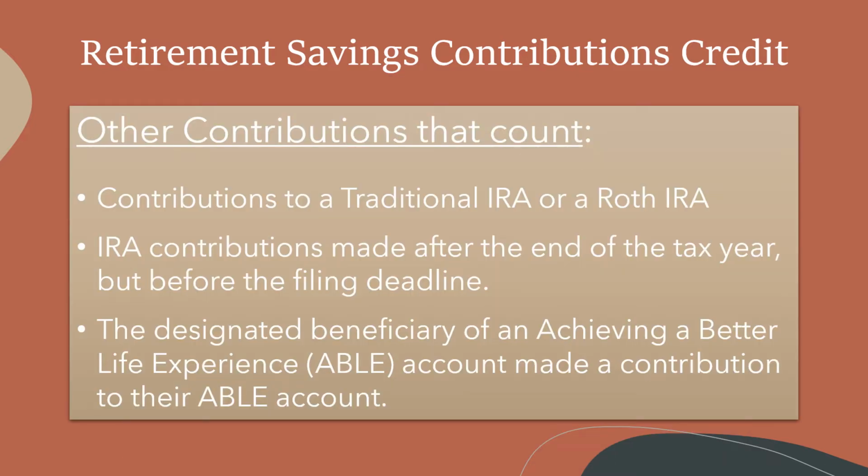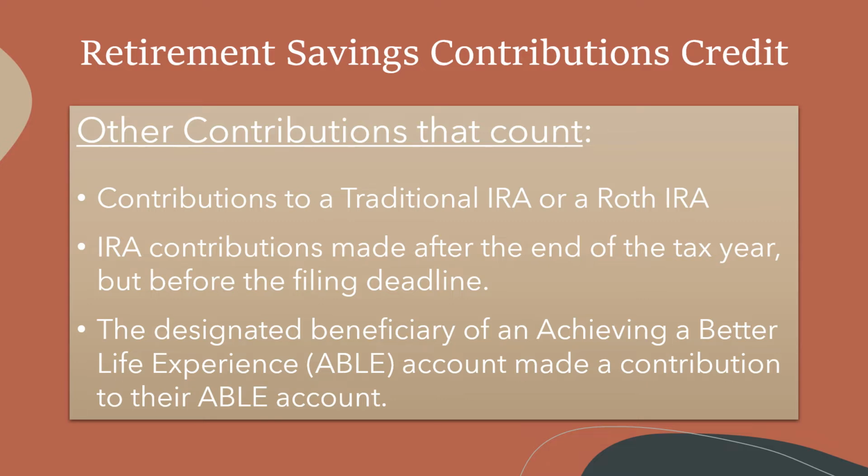Now, contributions don't just stop at the W-2. Remember, people can contribute to an individual retirement account or a Roth IRA. And those would not show up on the W-2 because our taxpayers would have made them on their own. So it's important to ask, did you contribute to a traditional IRA or a Roth IRA this year? Also, some of our taxpayers might have made contributions after the end of the tax year.